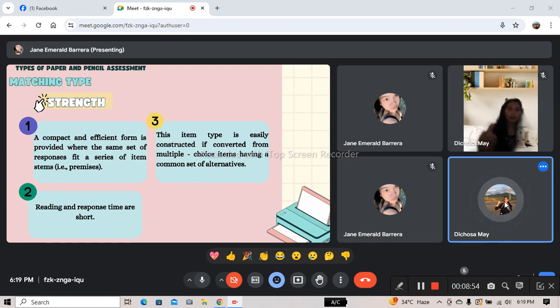It has a common set of alternatives. The matching type of test is very easy to construct if converted from multiple choice, because we know that the matching type has its own questions and responses. There are different responses listed, and you just choose and match them to the question. That is why it is easy to convert to multiple choice, because multiple choice also has the same questions and different responses.